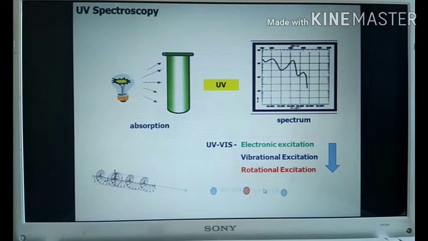That means the electron of this bond undergoes excitation from a lower energy level to a higher energy level, and therefore electronic excitation takes place.